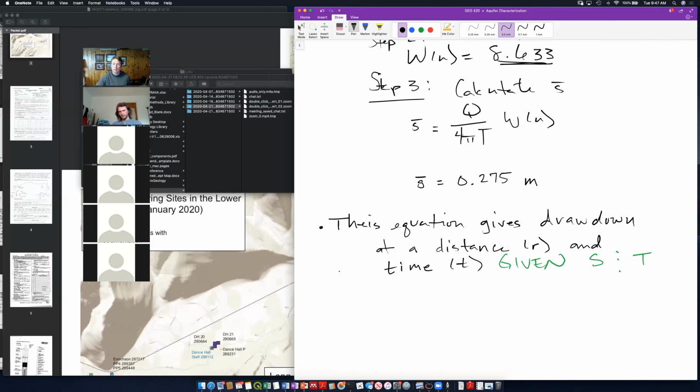All right, so the Theis equation allows us to predict drawdown s given the properties of storativity and transmissivity, right? So if I know already what my aquifer parameters are, I can model the drawdown at a point, all right? So we call this our forward model.